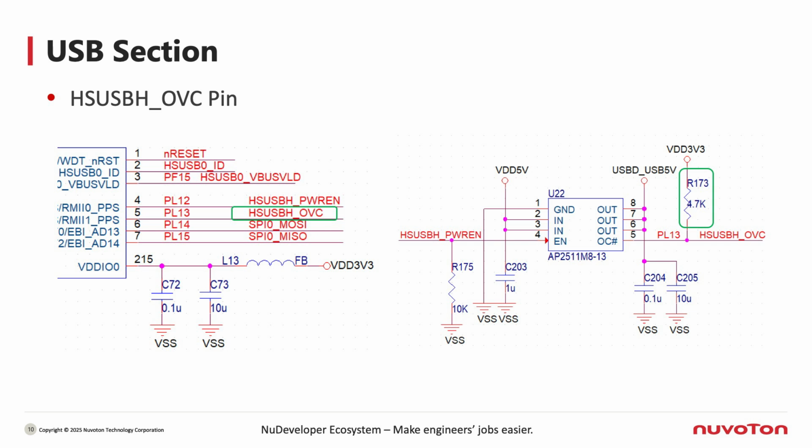When the HSUSBHOVC pin is used for other functions and cannot be provided with a fixed voltage from the periphery, the issue can be resolved by modifying the software. For specific methods, refer to the relevant documentation or contact the FAE for assistance.